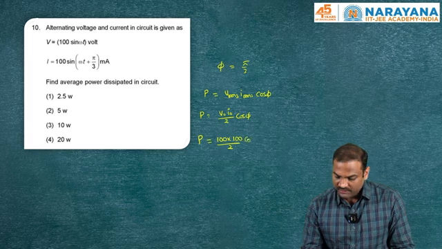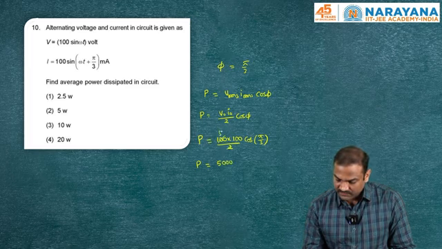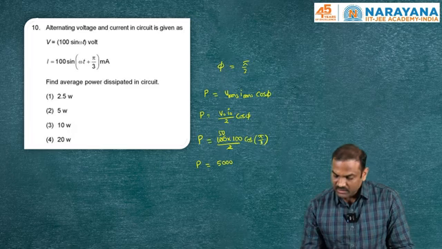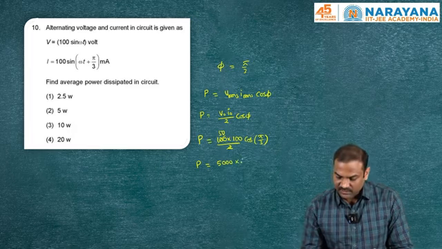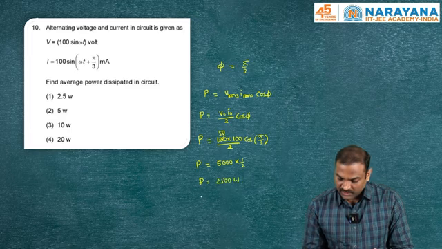Then cos phi, which is cos pi by 3. So then power is 5000 I can write down. 50 into 100. Cos pi by 3 is cos 60, it is 1 by 2. So then the power value is equal to 2500 watt.